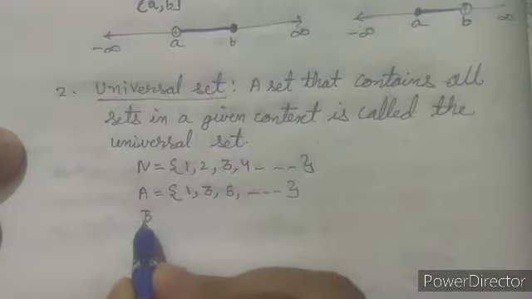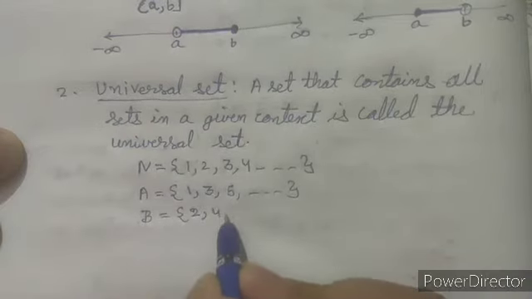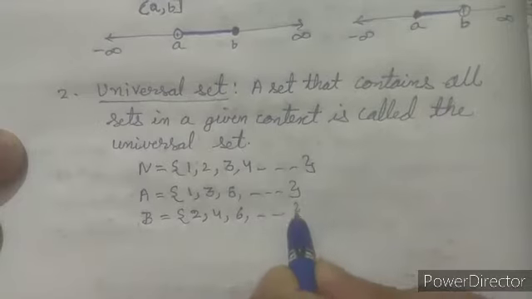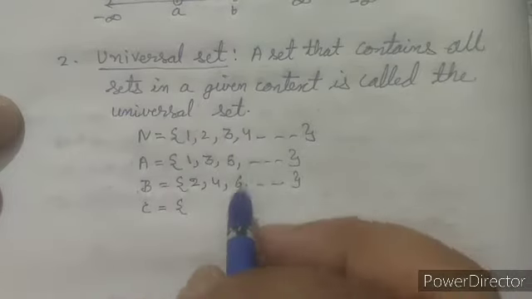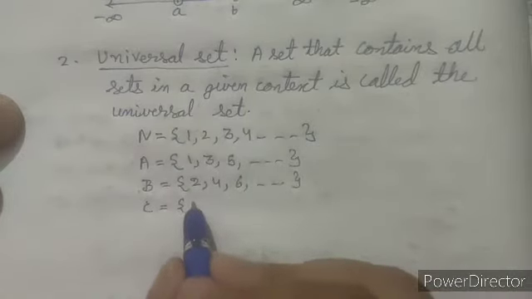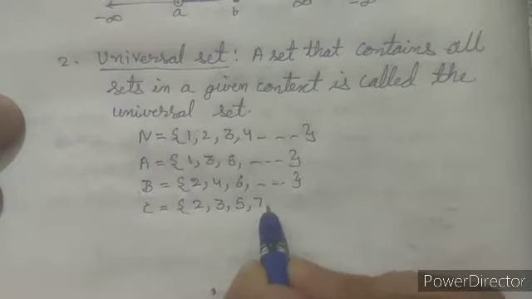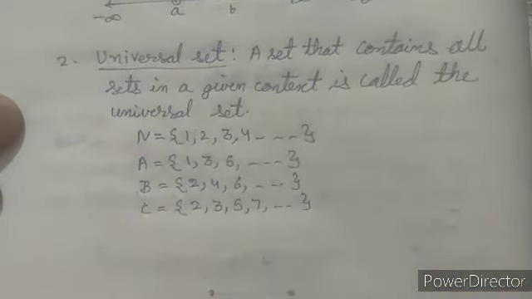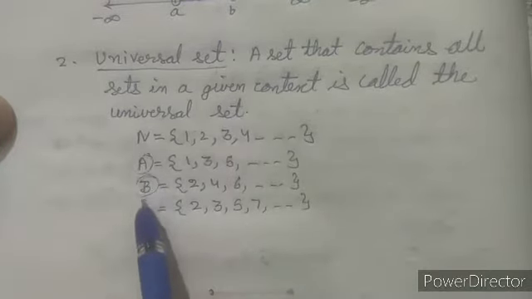Now set B is a set of even natural numbers, that will be 2, 4, 6 and so on, and set C as the set of prime natural numbers, that will be 2, 3, 5, 7 and so on.